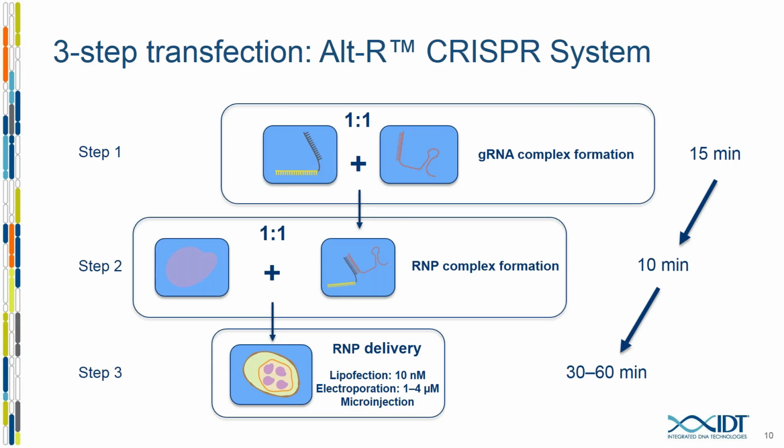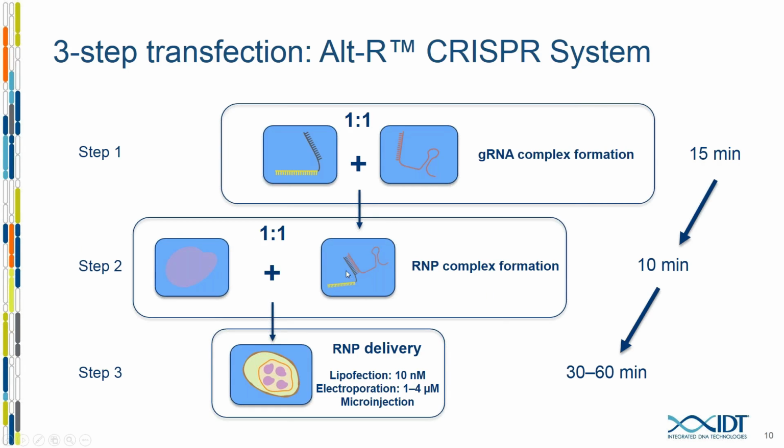Once they've been resuspended to the same concentration, you can mix them at a 1-to-1 molar ratio. And then they simply go through a quick heating and cooling step to release any secondary structure and allow the crRNA and the tracer RNA to form that intended duplex structure. So then you have your proper guide RNA, and you again mix that guide RNA duplex with Cas9 nuclease at a 1-to-1 ratio.